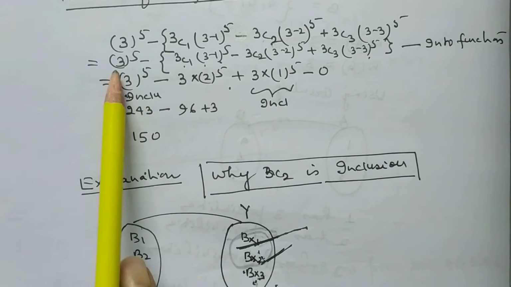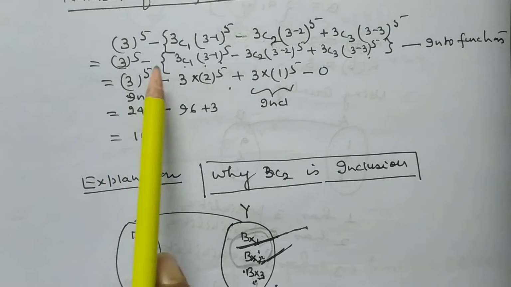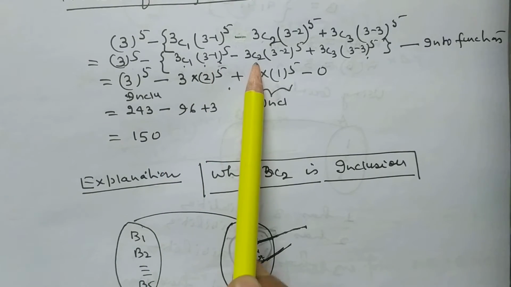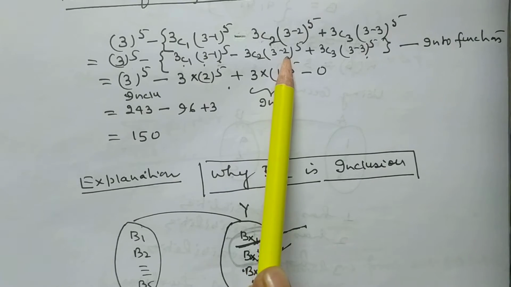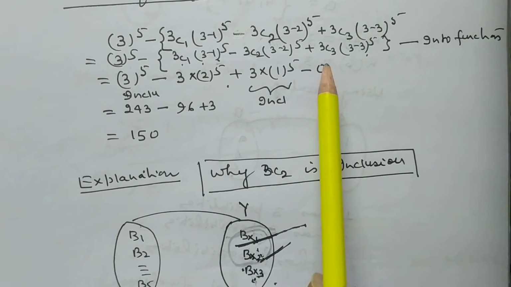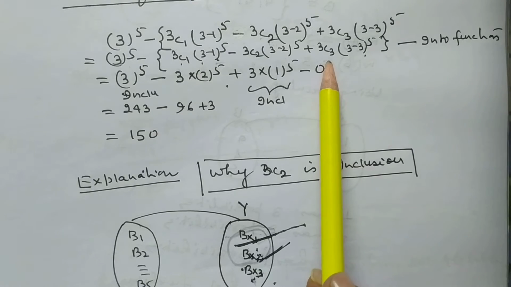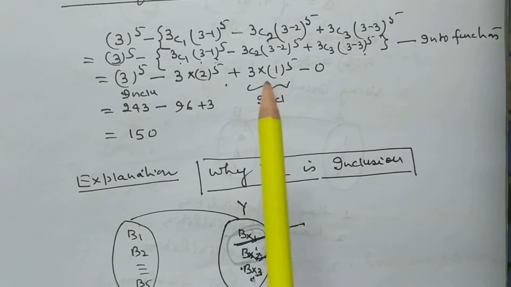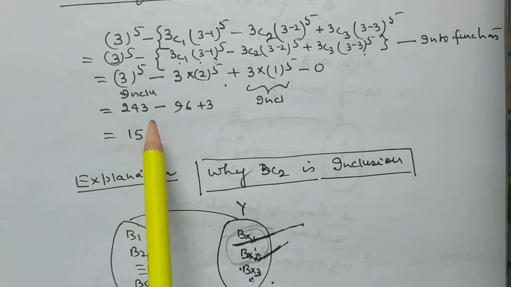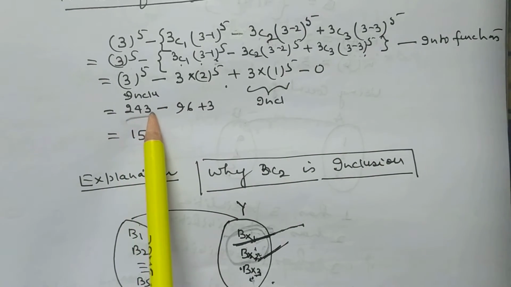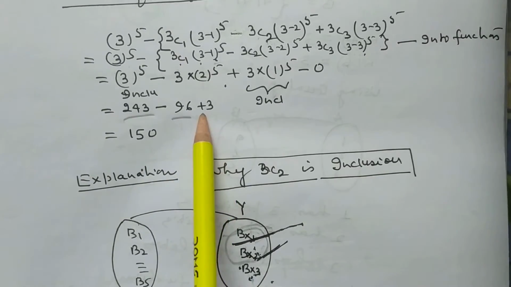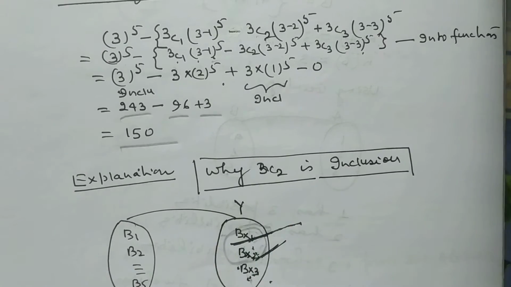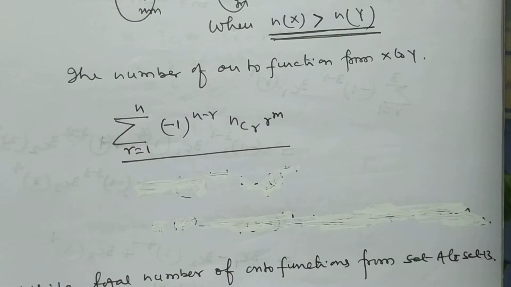So it will be 3 to the power 5 minus 3c1, 3 minus 1 to the power 5 minus 3c2, 3 minus 2 to the power 5, and make it in a rhythm. We have written here 3c3, 3 minus 3 to the power 5, though this case is not possible. So after simplifying, we have 243 minus 96 plus 3, that is 150. In this way, we can solve this type of problem.